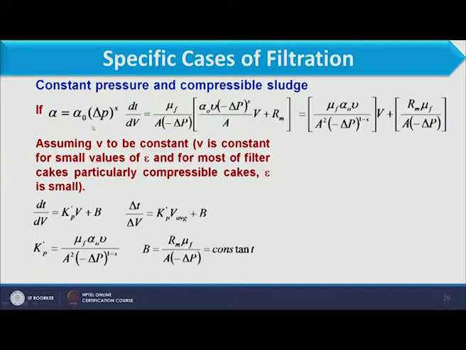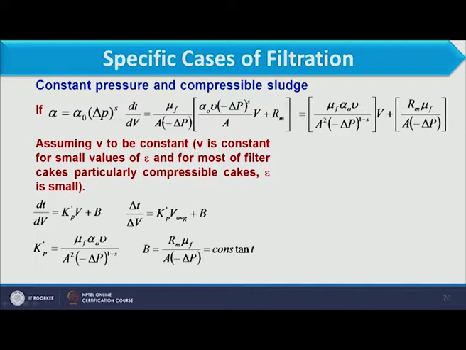So here we have considered the Sperry correlation to define the alpha value. This is basically the final filtration equation, where alpha would be replaced by alpha naught Ps, delta P to the power S. That delta P we have replaced over here with a minus sign, and why the minus sign is there, we have already discussed.